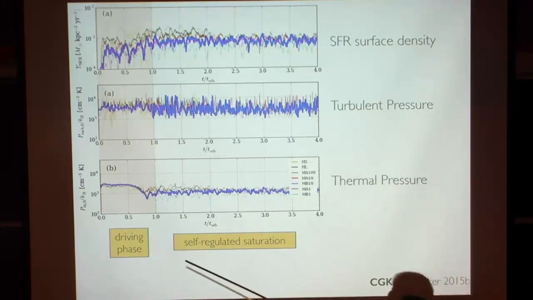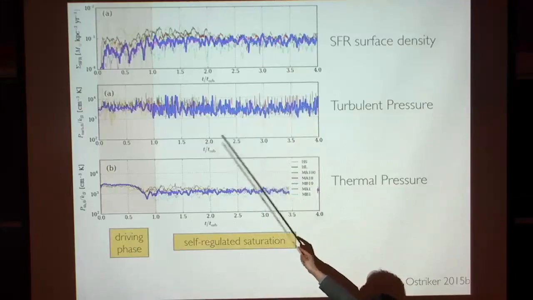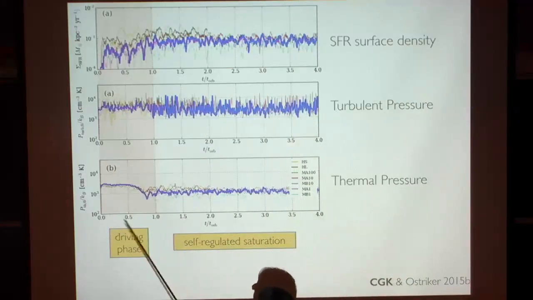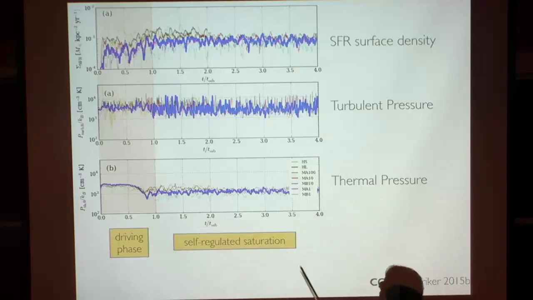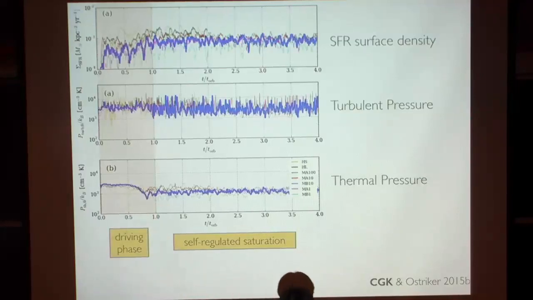So this is a time evolution of star formation rate, surface density, the midplane turbulent pressure, and the midplane thermal pressure, averaged over the horizontal direction. You may see a different trend here, but this is the phase where we just drive turbulence by hand.